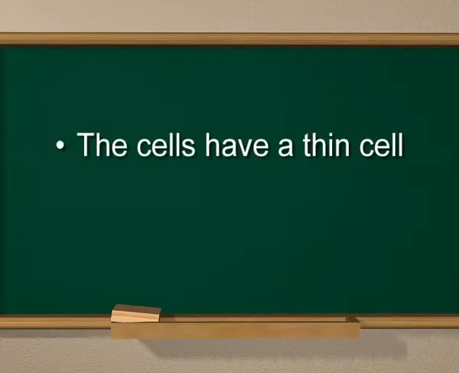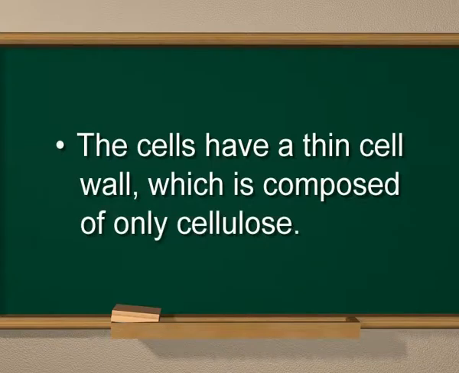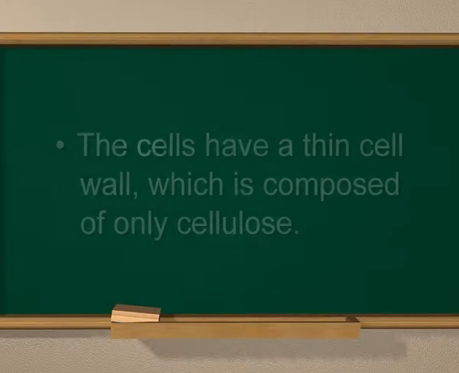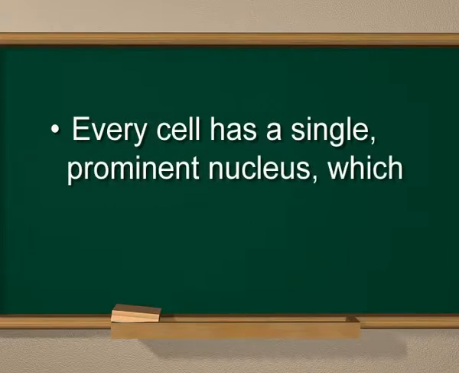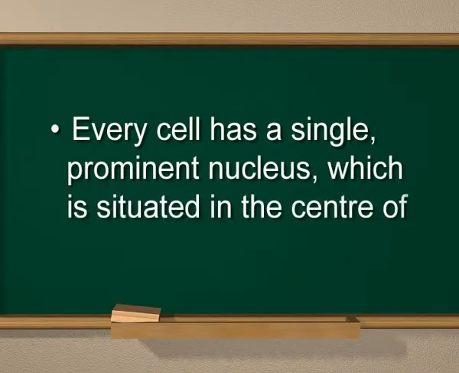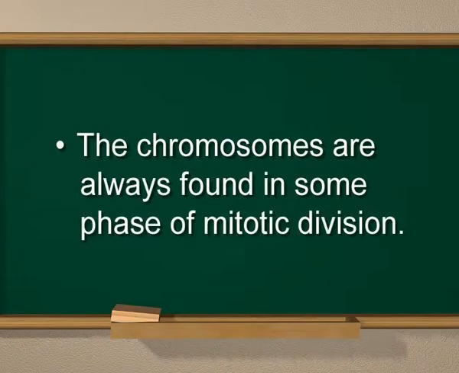The cells have a thin cell wall, which is composed of only cellulose. Every cell has a single prominent nucleus, which is situated in the center of the cell. The chromosomes are always found in some phase of mitotic division.